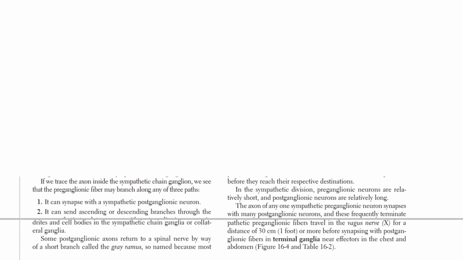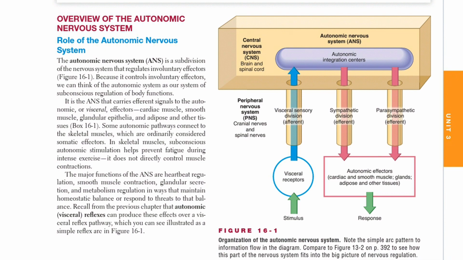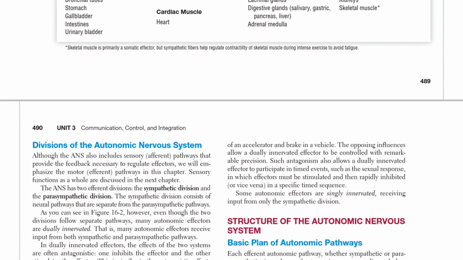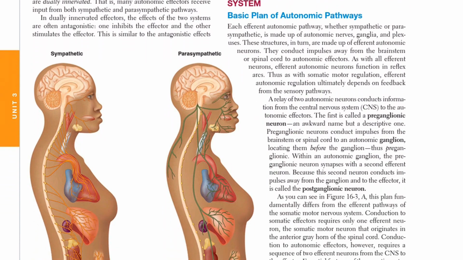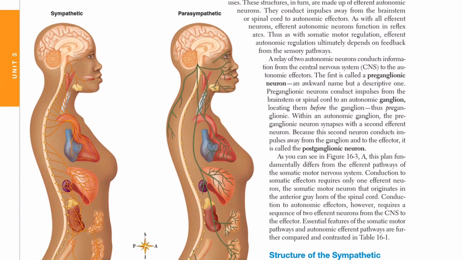Now a few more figures I would like to show you. This is the overview of the autonomic nervous system, the location of the sympathetic and parasympathetic nervous system in our body.